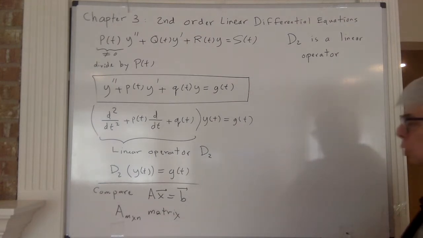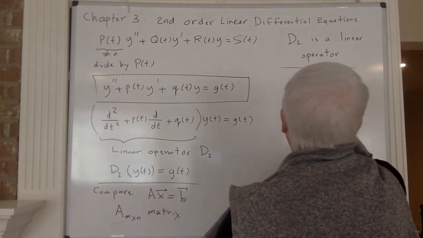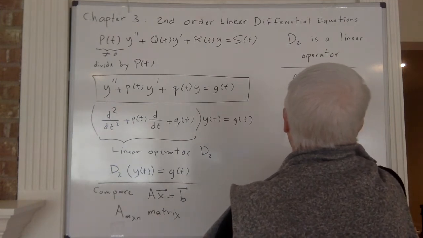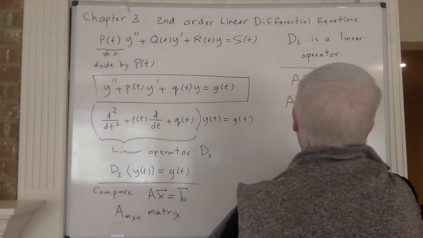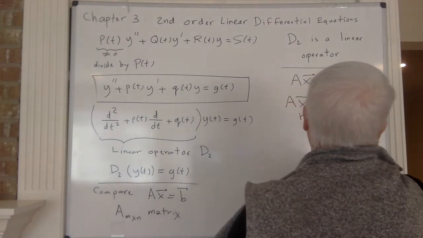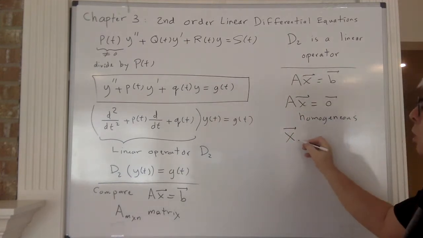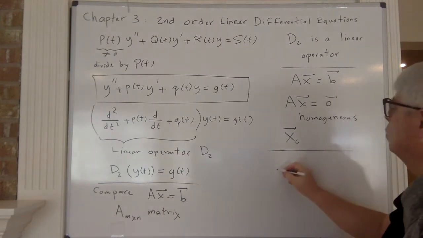And remember what we did was for Ax equals b, we first solved the homogeneous one, and that gives me a complementary solution, and then we solved this.